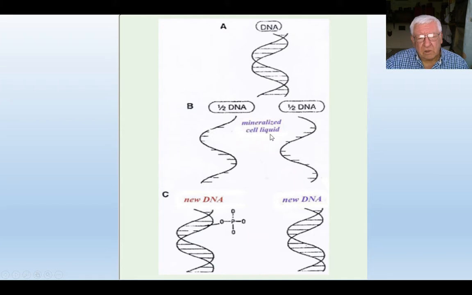And the liquid where division takes place is mineralized, so it contains a high amount of various elements and various components leading to the cancer. For example, asbestos, some chemical products, not only elements, but cancerogenic components.